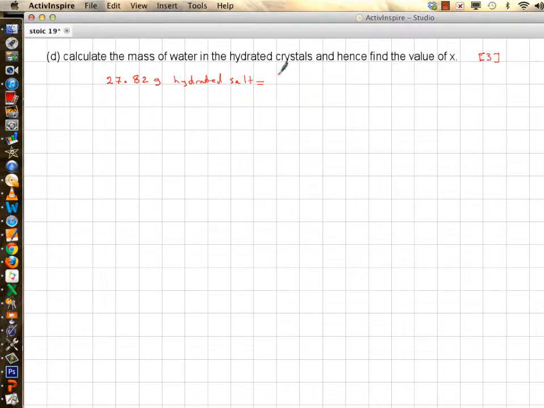And in the last part of the problem, we calculated that we have 10.36 grams of just Na2CO3. If you subtract these two numbers, you find grams of water that was used, which is 17.46 grams of H2O.